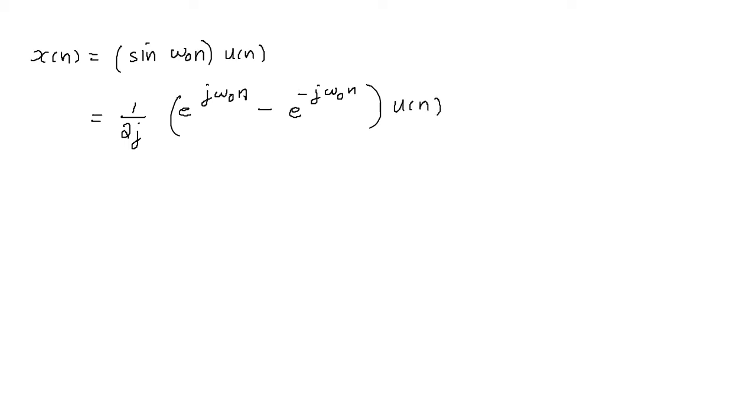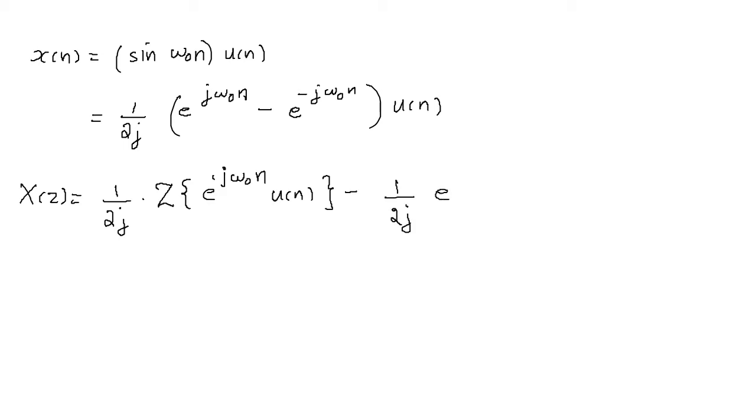Now you can make use of the linearity property to find X of z as 1 by 2j into the z transform of e raised to j omega 0 n u of n, minus 1 by 2j into the z transform of e raised to minus j omega 0 n u of n.